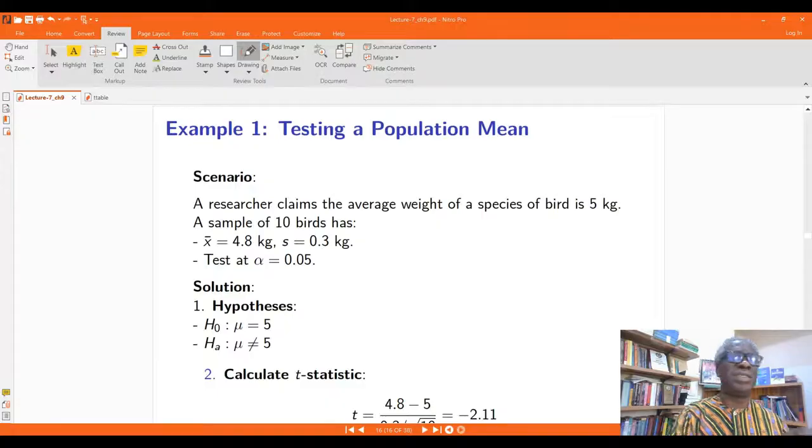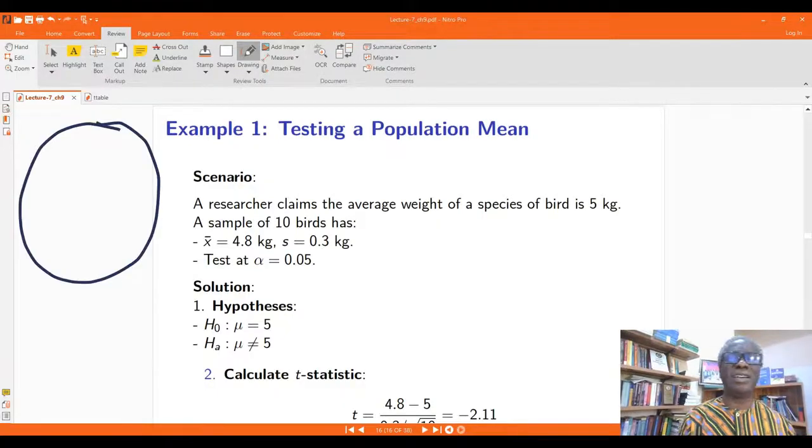So this is the population of the species of the bird, and in that population we don't know the population average. We want to estimate from the sample.